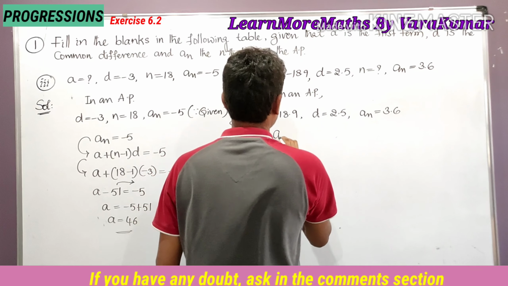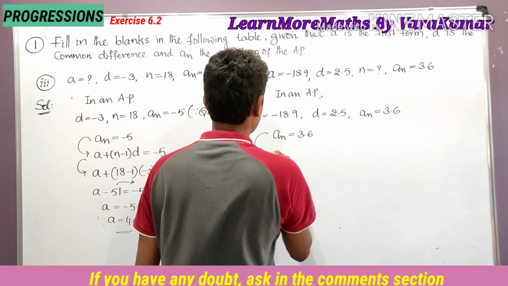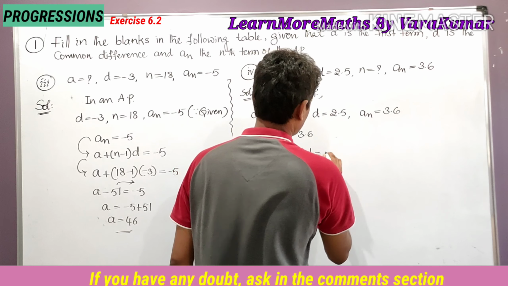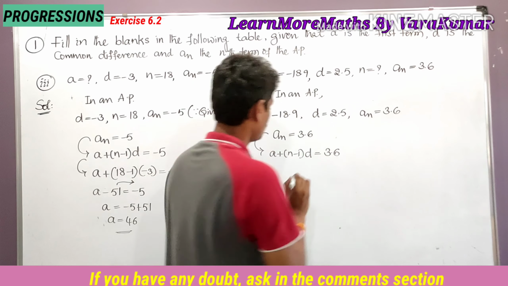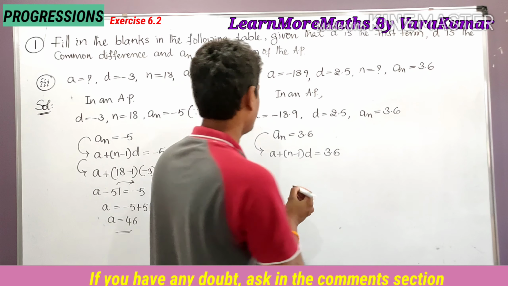So we have an is equal to 3.6, but we know an can be written as a plus n minus 1 into d is equal to 3.6, student. So we just have to substitute the a and d values to find the n value.